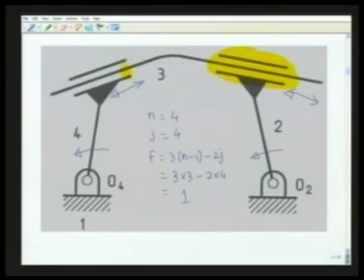Similarly, there is a prismatic pair here between link 3 and link 4. So there cannot be any relative rotation between link number 3 and link number 4. Consequently, there cannot be any relative rotation between link number 2 and link number 4, both of which are in translation with respect to link number 3.